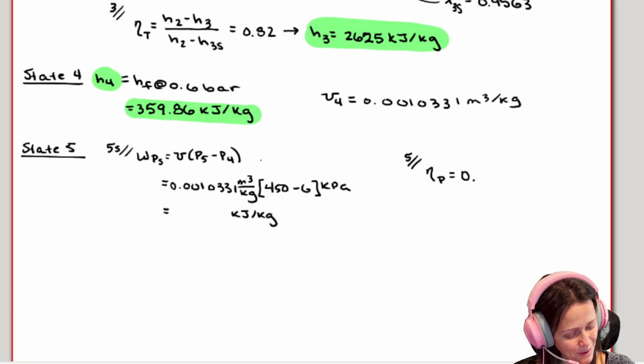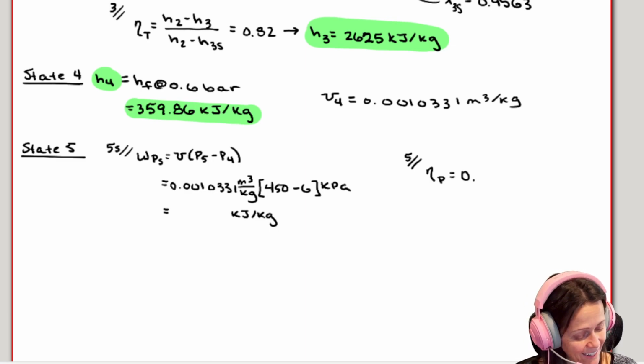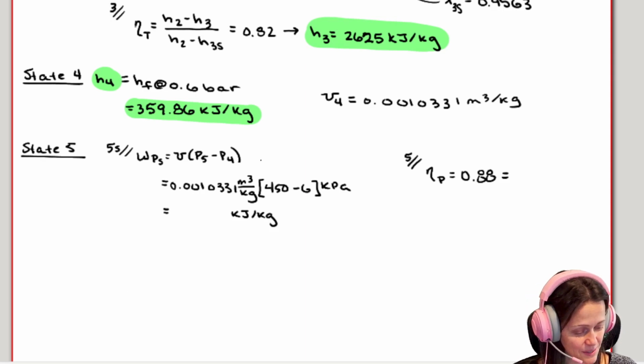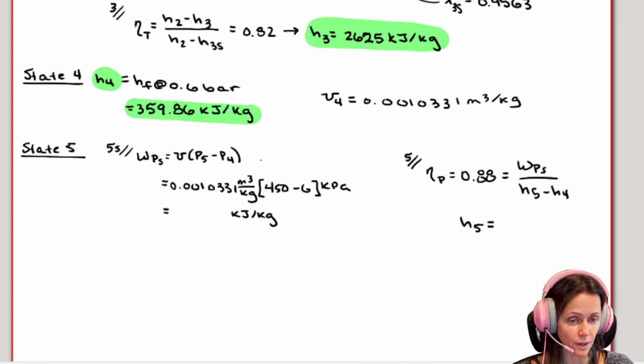Isentropic efficiency for our pump, 88%. So it's isentropic pump work over real work, which is H5 minus H4. So I've got an H5 value of 360.